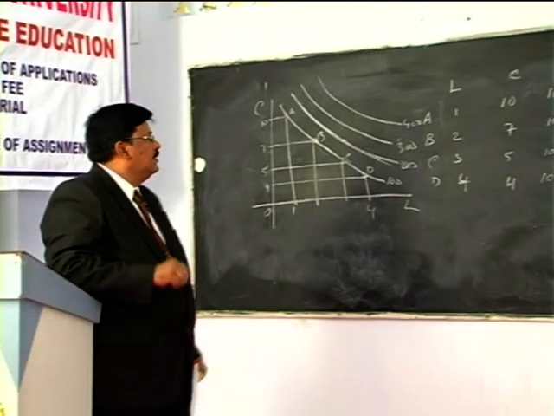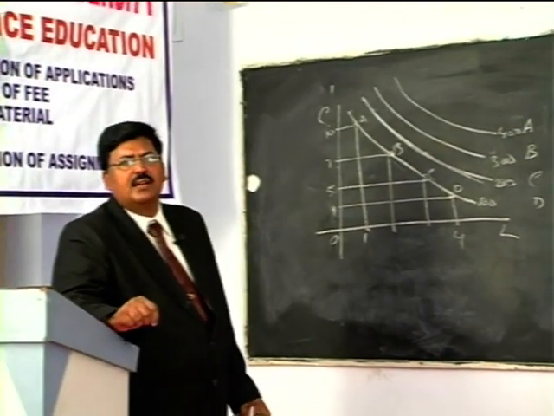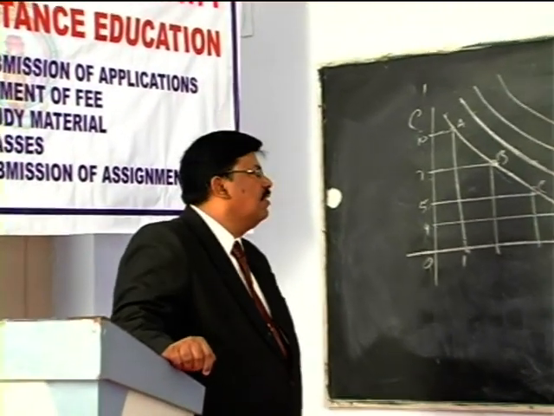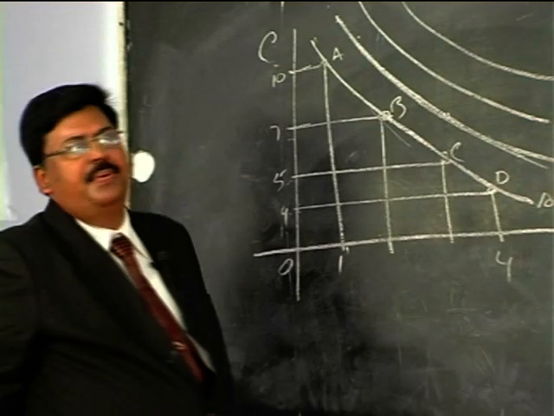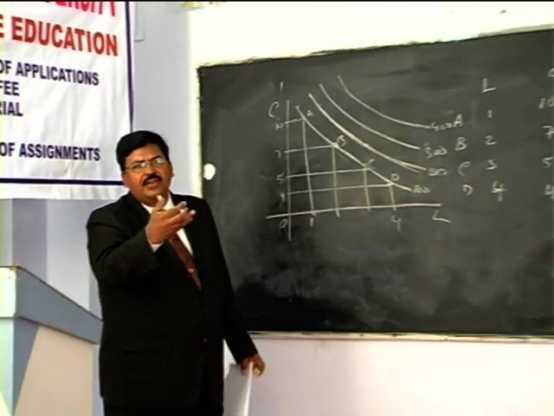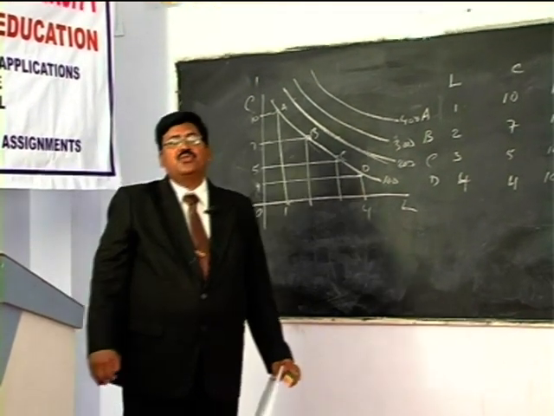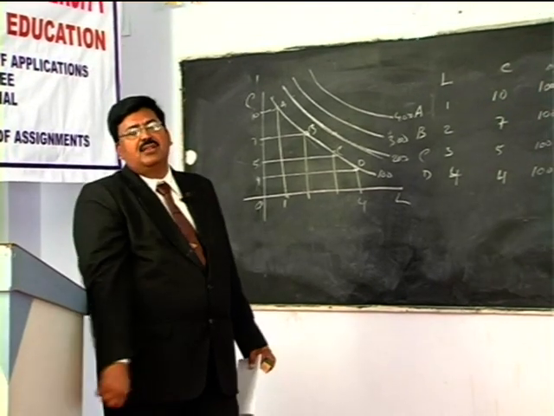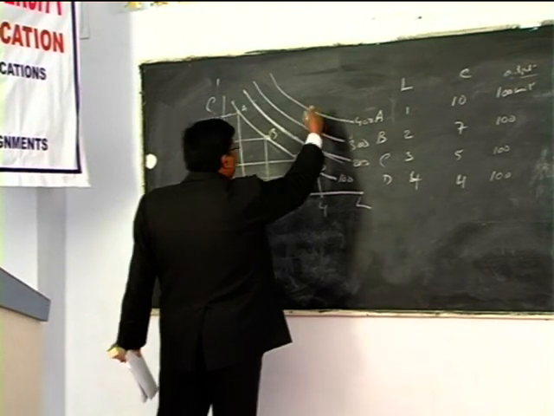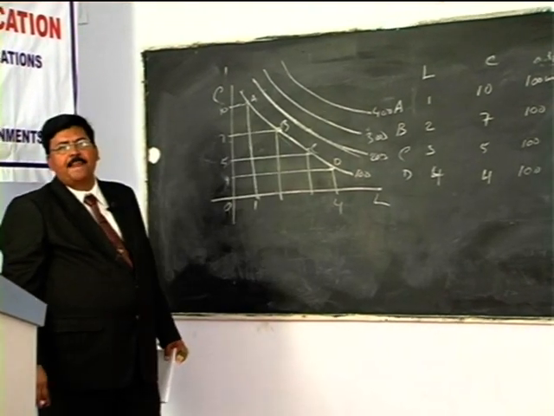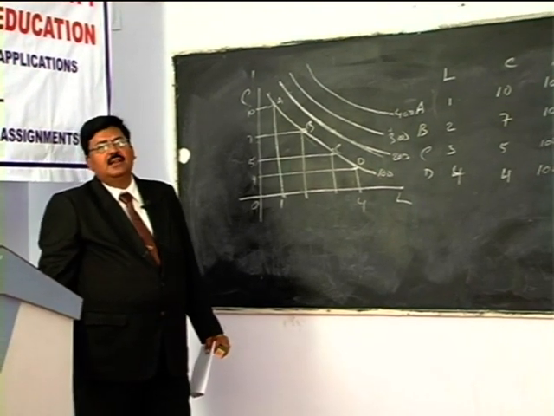An isoquant is a locus of points or combinations of inputs, and each combination gives the same level of output. And if you draw several isoquants, that becomes an isoquant map. The higher the isoquant, the greater the amount of output associated with each point on that particular curve. The farther to the right the curve, the greater the amount of output associated with the combinations of inputs.